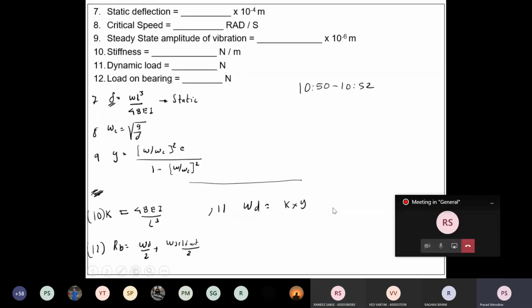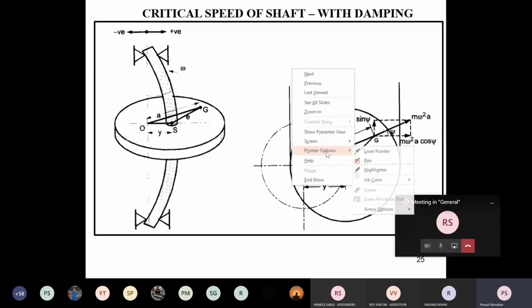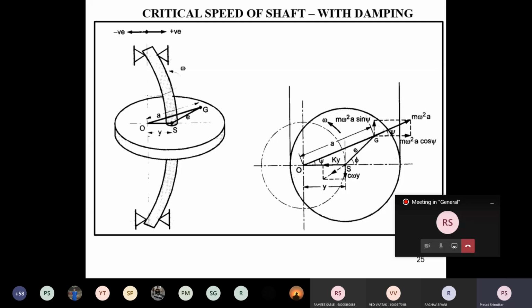All right, we'll go to the next part. So far we have discussed the critical speed of shaft without damping. Now in this section we are going to see the effect of damping on critical speed of shaft. When there was no damping, as the speed omega is increased, there is a deflection in the shaft, that is y.